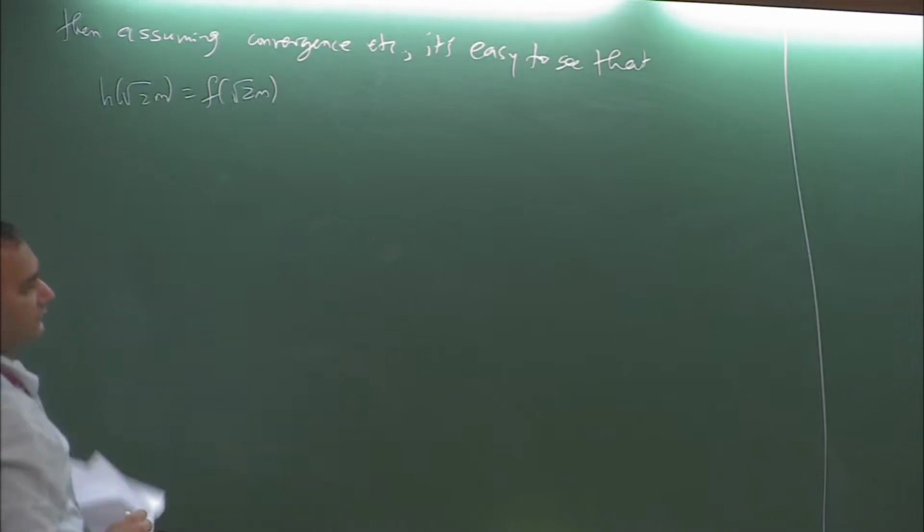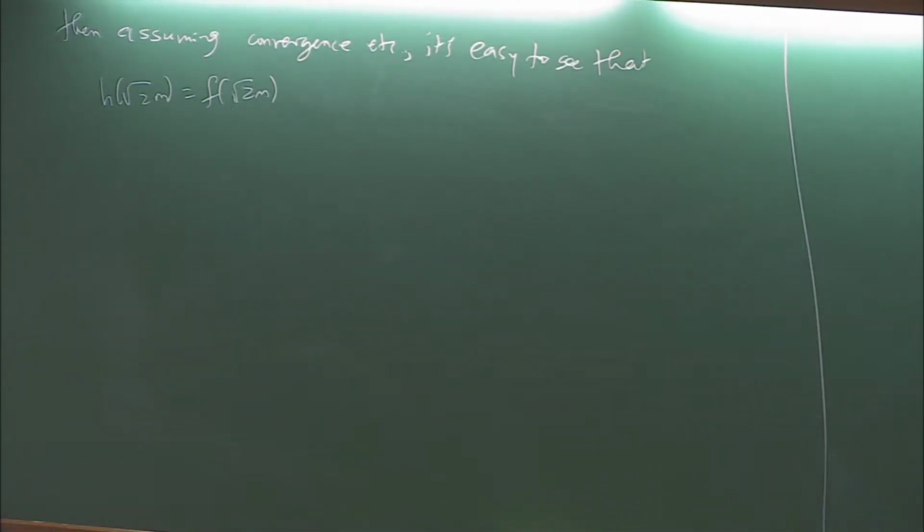If you look at one particular square root of 2m, what happens? First of all, you know that c is 0 at all these square roots of 2m, so all of these functions vanish.